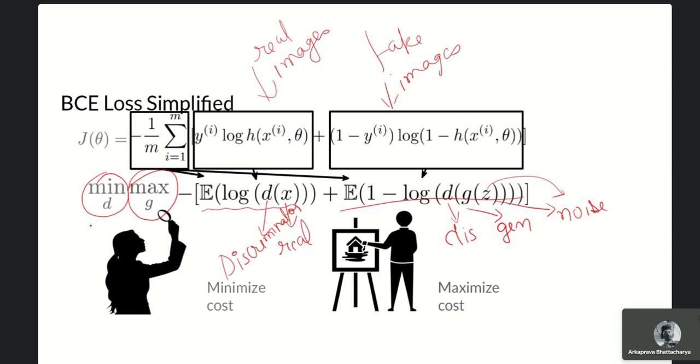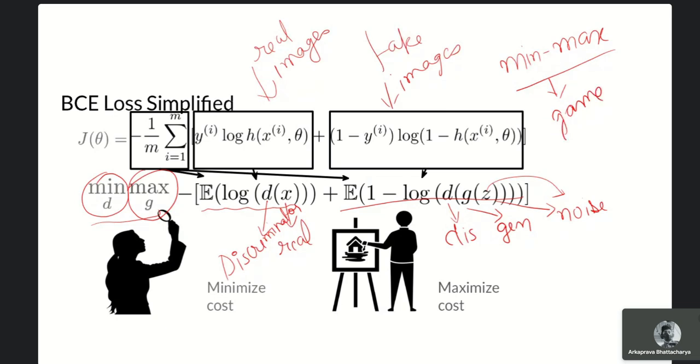So this is basically a min-max problem. When you search for the loss function of GANs, you will find this equation, called the min-max function. Why? Because one network, the discriminator, is trying to minimize it and the other one is trying to maximize it, and this is called a min-max game.